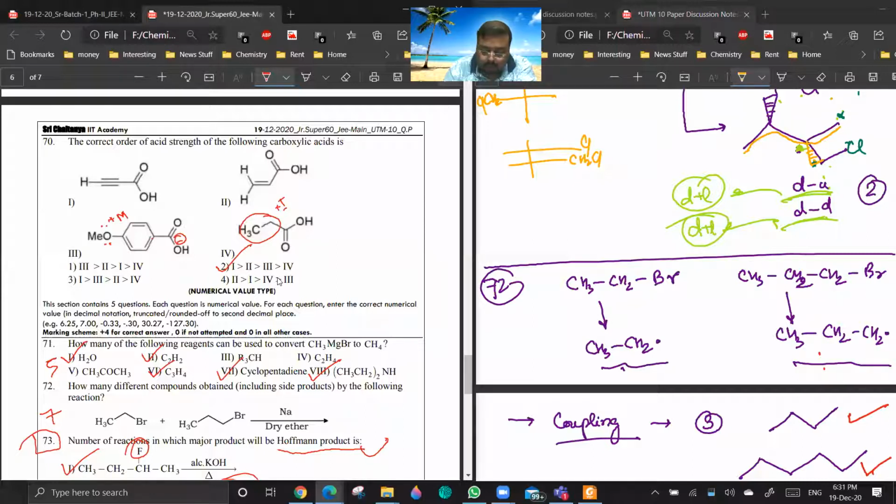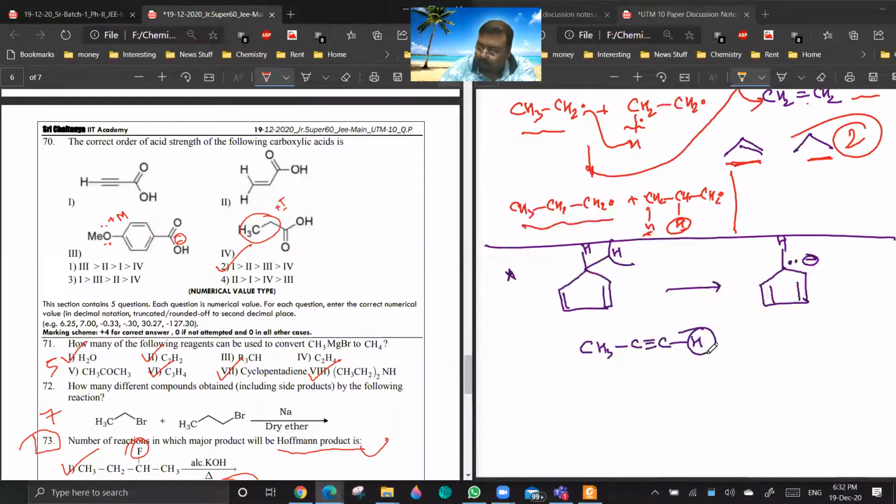So I think that, and you are also having, okay, here you have to use this part.